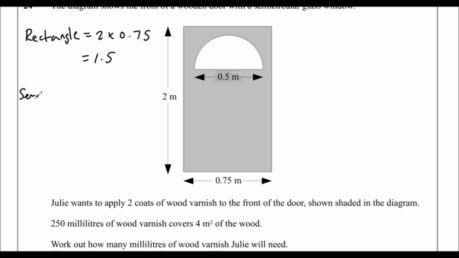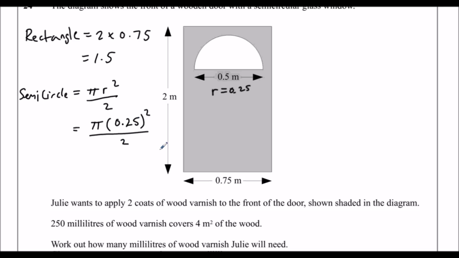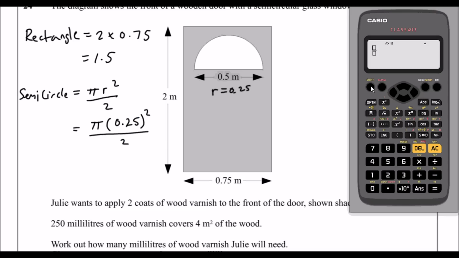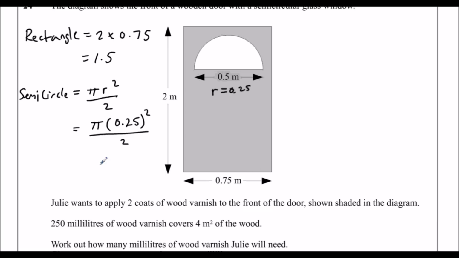So a semicircle, the area is pi r squared divided by 2. We know the diameter is 0.5, so the radius is half of diameter. So pi times 0.25 squared over 2 is 0.098.